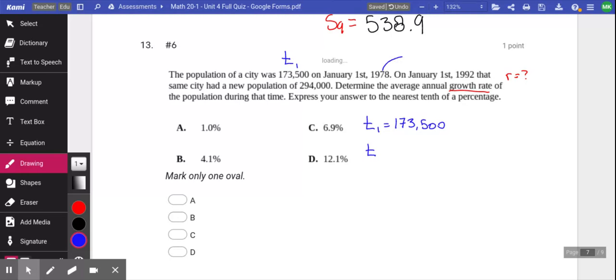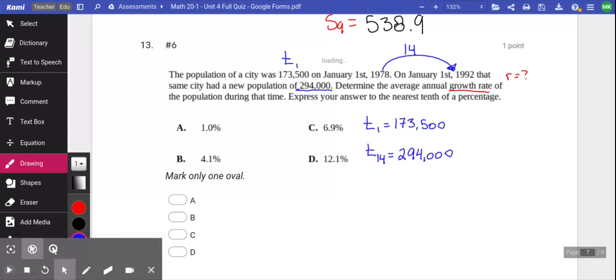That population was how many years later? So if you go from 1992 and you subtract 1978, that would tell you it was 14 years later. So that means this new population is T of 14, which is 294,000. Then they're asking me to find R.